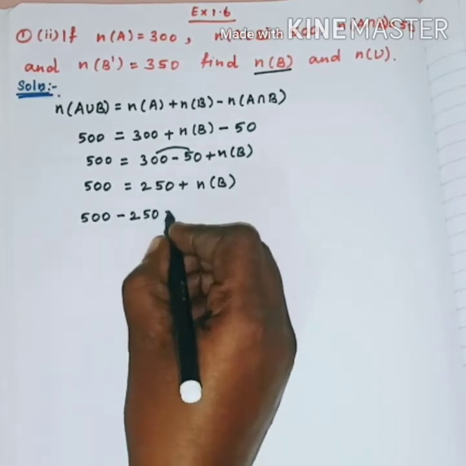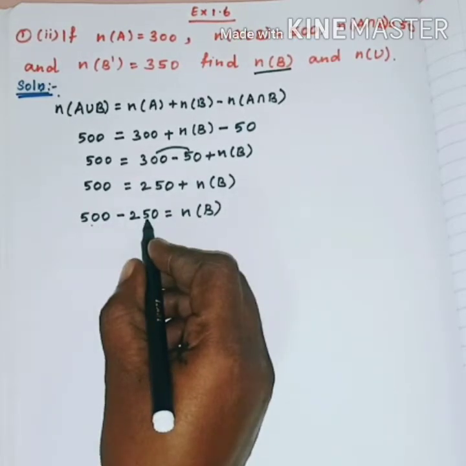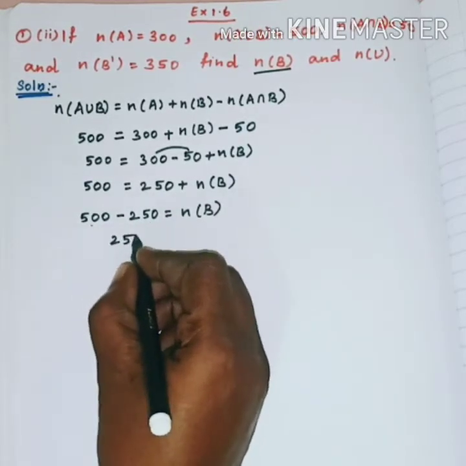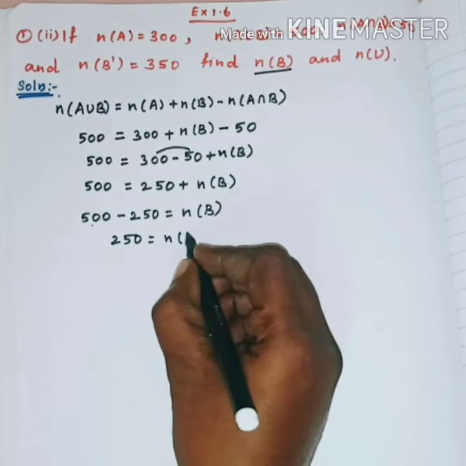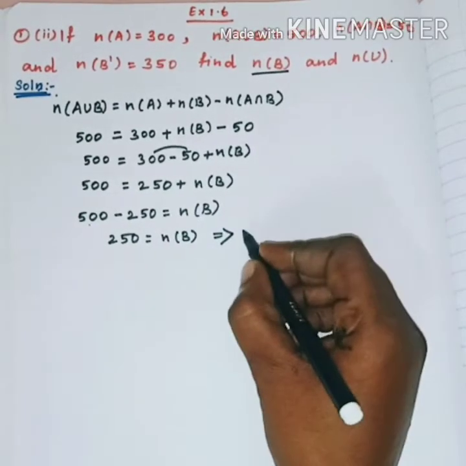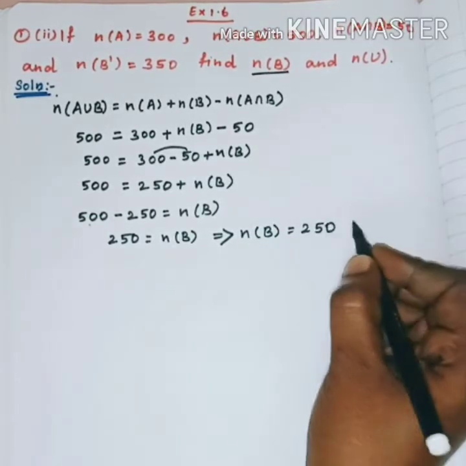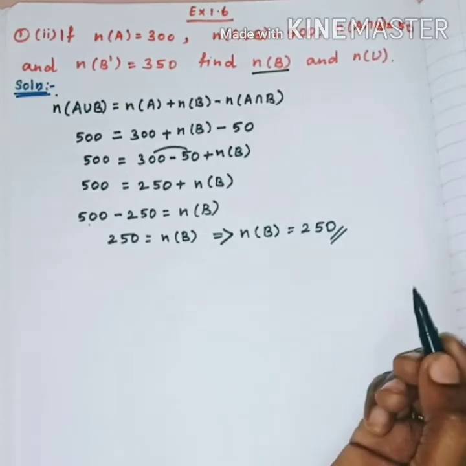Minus 250 is equal to n of B. So 500 minus 250 is 250 is equal to n of B. So the value for n of B, which implies n of B is equal to 250. This is the value for n of B.